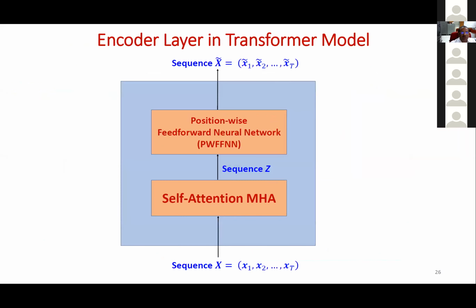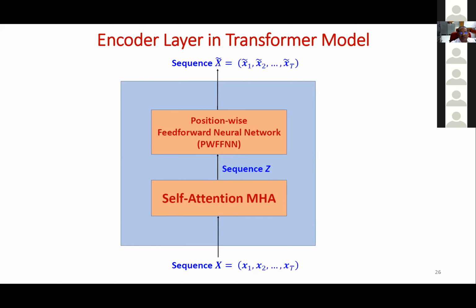So whatever we have done now here is what is done in one layer of encoder in the transformer model. So the encoder layer typically takes the original sequence as the input. First, it performs the self-attention, multi-head attention, to generate the sequence Z, and then it is passed through this position-wise feed-forward neural network to generate a new representation of this X, which we call the X tilde.